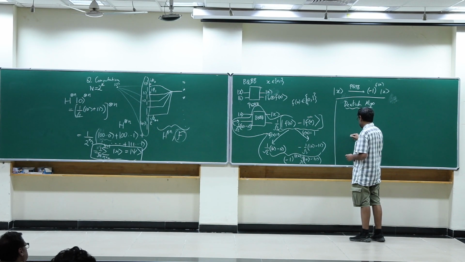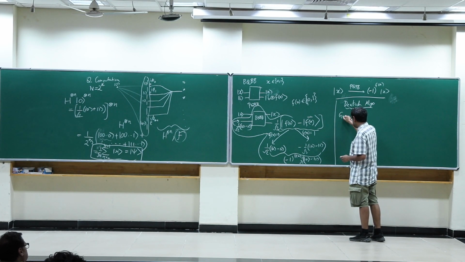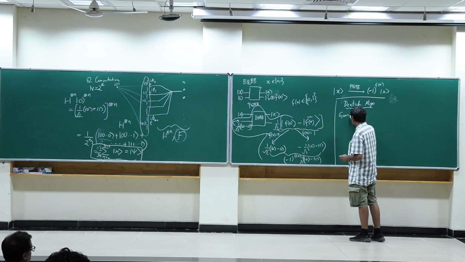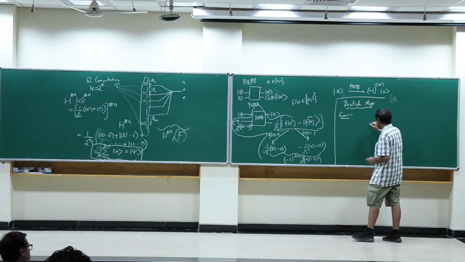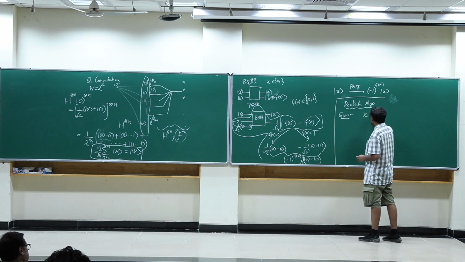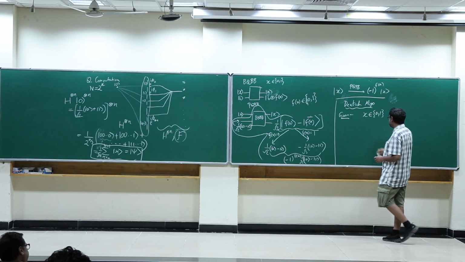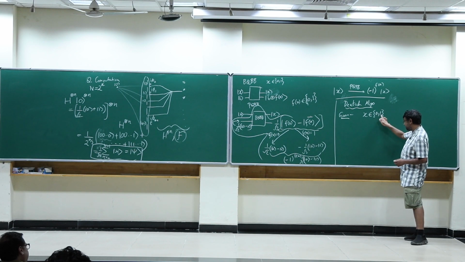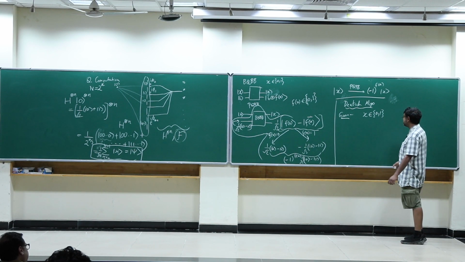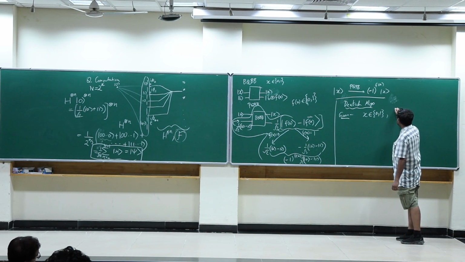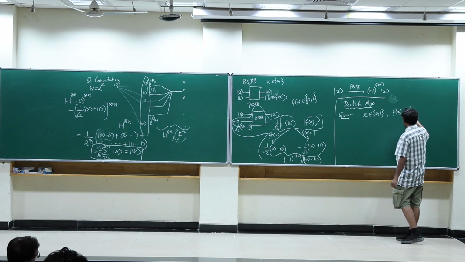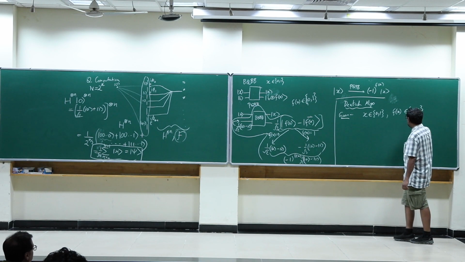All you do is you are given the following, a function. Given x, x is either 0 or 1, so it's the set {0, 1}, and f(x) is also in the set {0, 1}, but there's a promise.